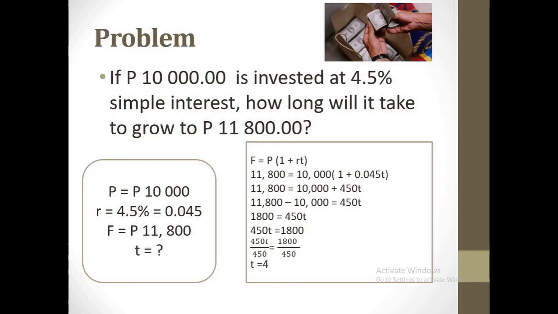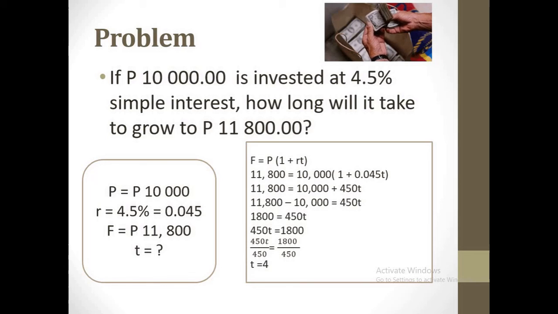Then 11,800 is equal to 10,000 plus 450 T by the distributive property. Next, we're going to subtract both sides by 10,000 pesos, or we're going to transfer 10,000 pesos to the left side.